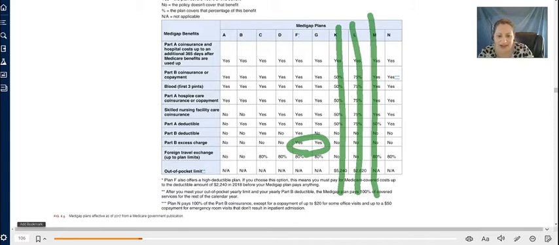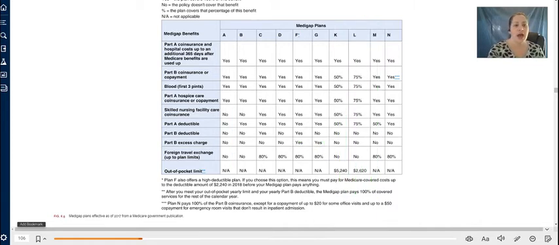You can see a lot of things are the same between shopping for plans. So, what do they do with Medicare Part A? What do they do with Medicare Part B? Do they pick up the deductibles? Do they pick up the copays? And you get what you purchased. A lot of times your insurance card will say right on it, Medicare Supplemental Plan N.